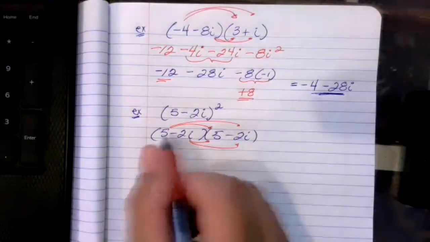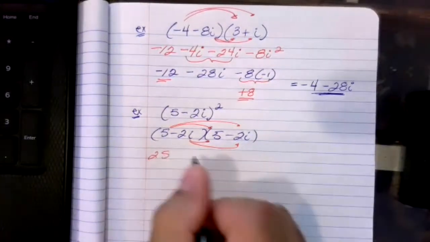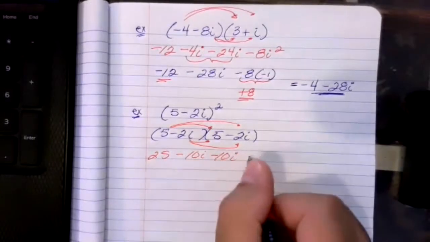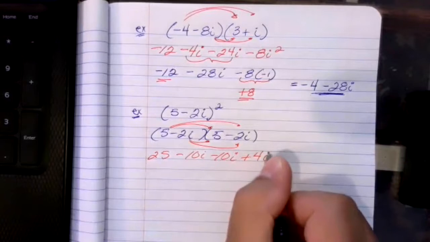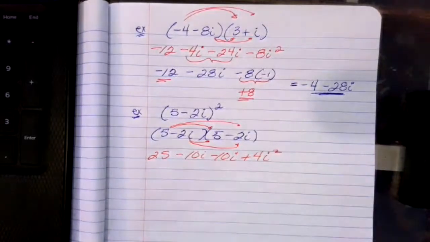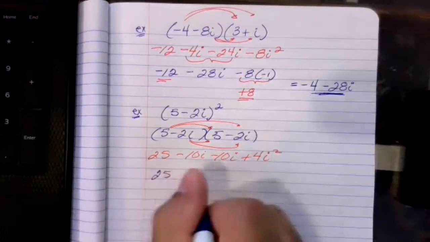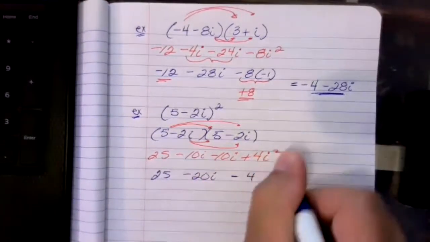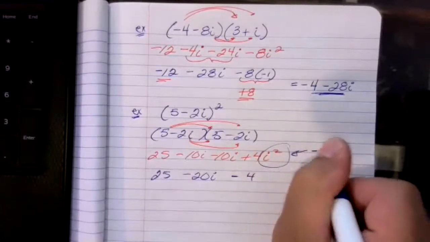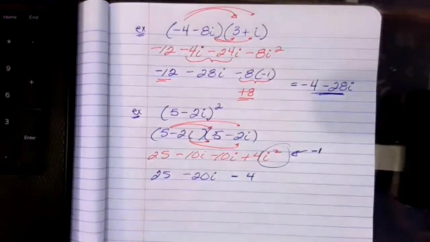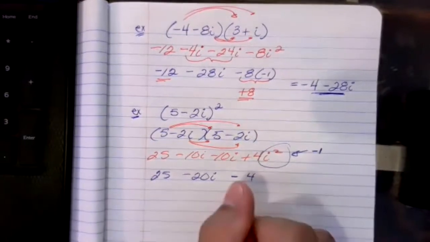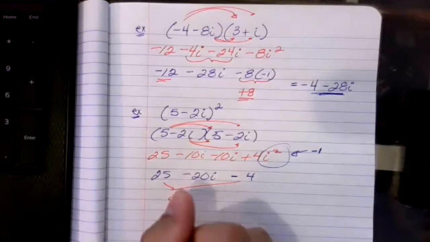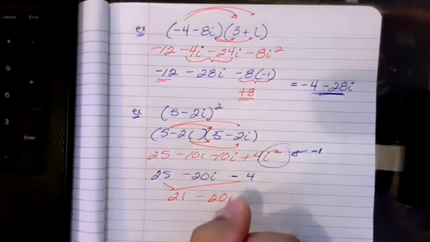So we're going to have 5 times 5 is 25 minus 10i minus 10i plus 4i squared. So it's 25 minus 20i minus 4, because that's a negative 1. I combine my like terms. 25 and negative 4 is 21 minus 20i.